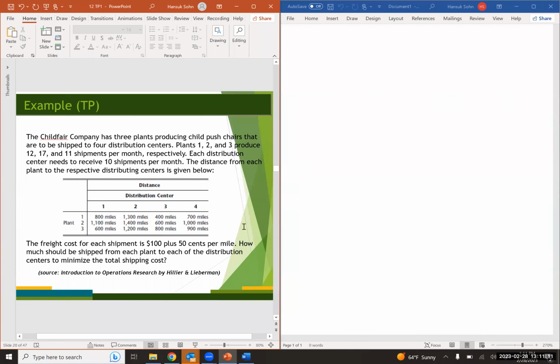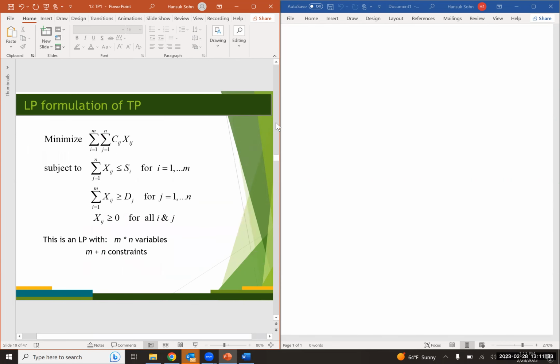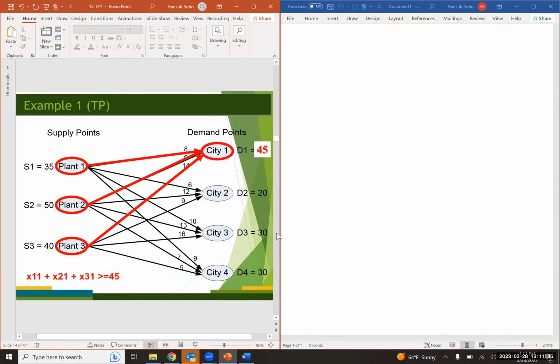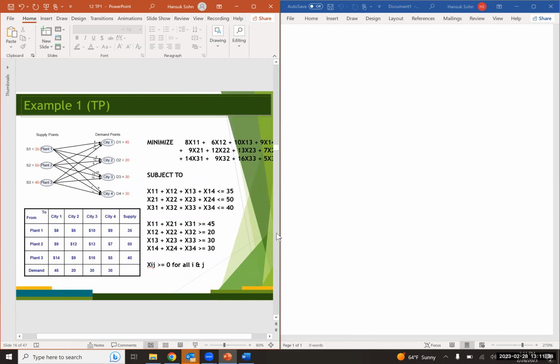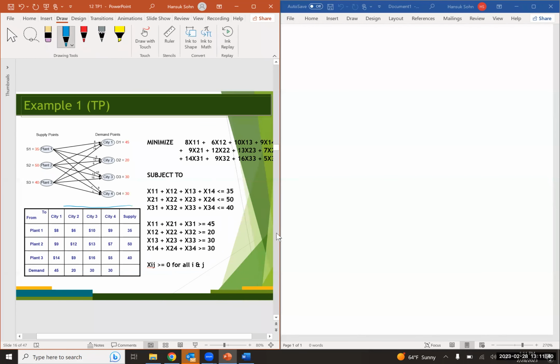First, let's formulate this problem as a transportation problem by constructing the appropriate parameter tables. I'm talking about a table like this, which is called the transportation table.